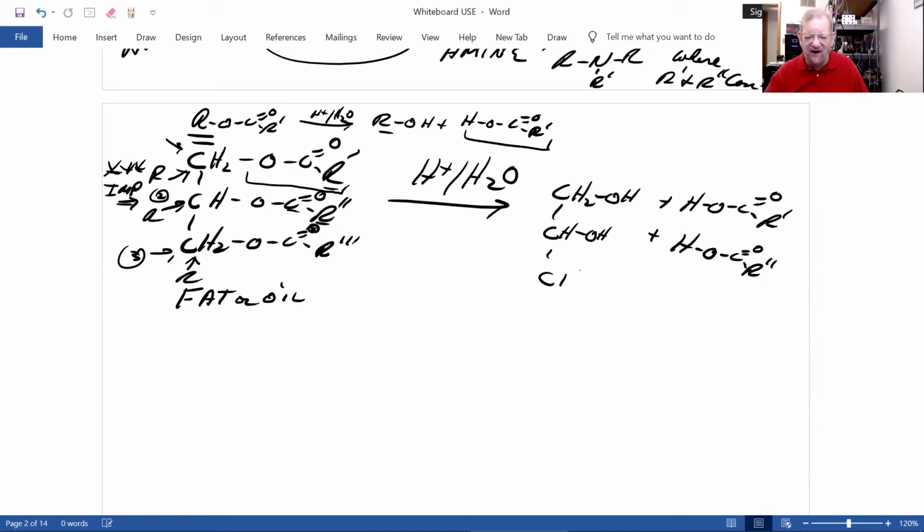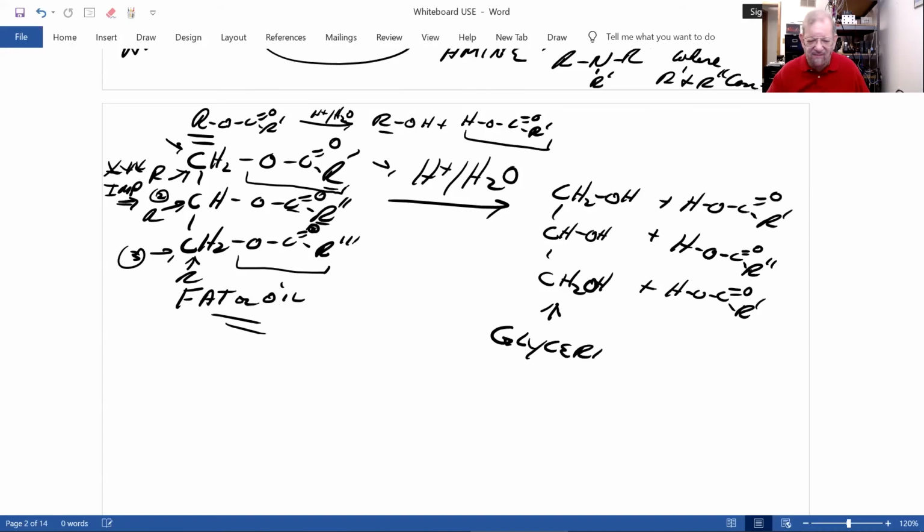So I'll get this final alcohol. And then this part becomes my carboxylic acid. So when you react a fat or oil with acid and water, acid hydrolysis, you get this alcohol, and that's a triol, which we call glycerin. And we get these carboxylic acids.